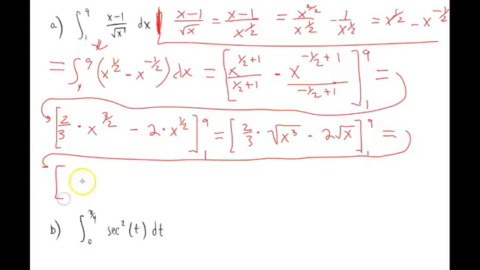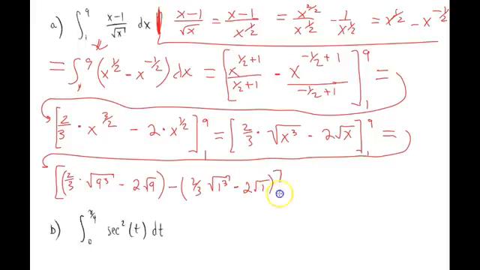So for the antiderivative evaluated at b, we'll have 2/3 times 9 cubed, and here we'll also have 2 times square root of 9. So that will be the first term. And then we'll say minus, and then say 2/3 square root of 1 cubed minus 2 times square root of 1. Okay.